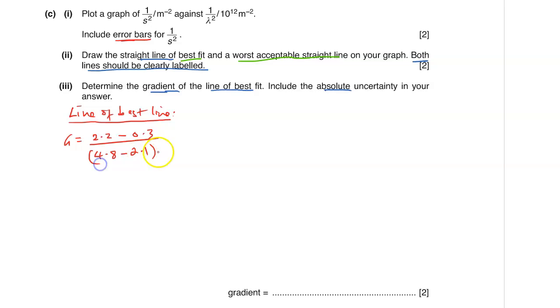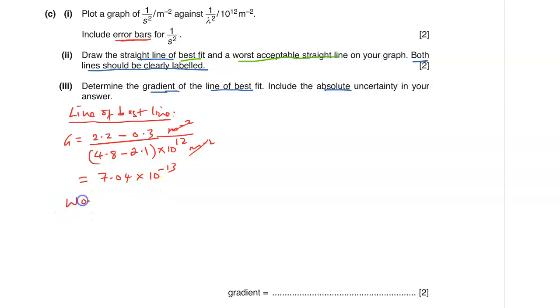Don't forget to multiply by 10 raised to power 12. Of course, you need to be sure to include the units. Here is meters per meter squared. This is also per meter squared, and therefore the units will cancel. When I did my calculations, I got 7.04. You can confirm these, times 10 raised to power minus 13.